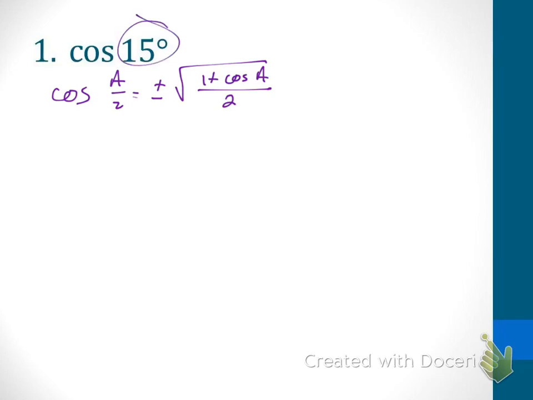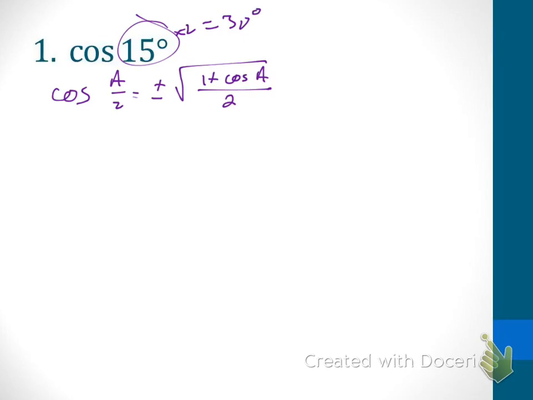Now, why is the half angle 15 instead of the original angle 15? Well, if you cut 15 in half, like this a over 2 wants us to, then you get 7.5. And 7.5 still is not a special angle in the unit circle that we can get the value of. But if 15 is the half angle, that means that the original angle is multiplied by 2, 30 degrees.